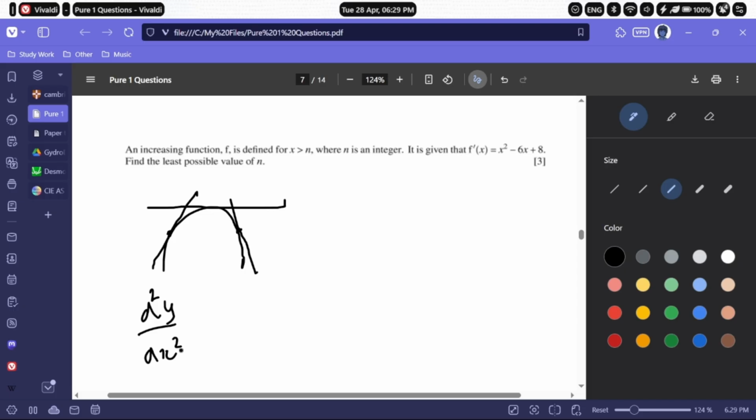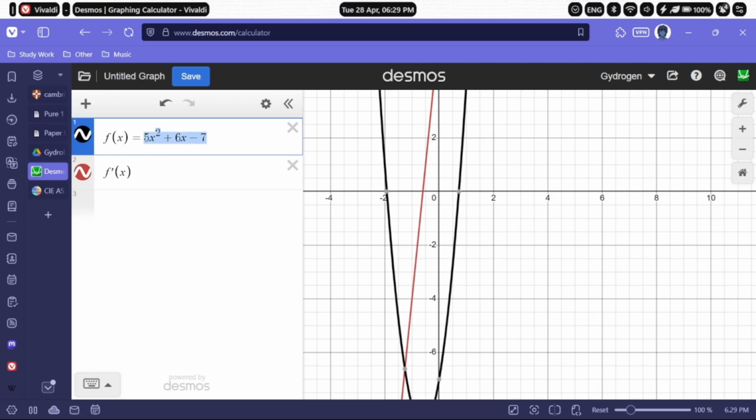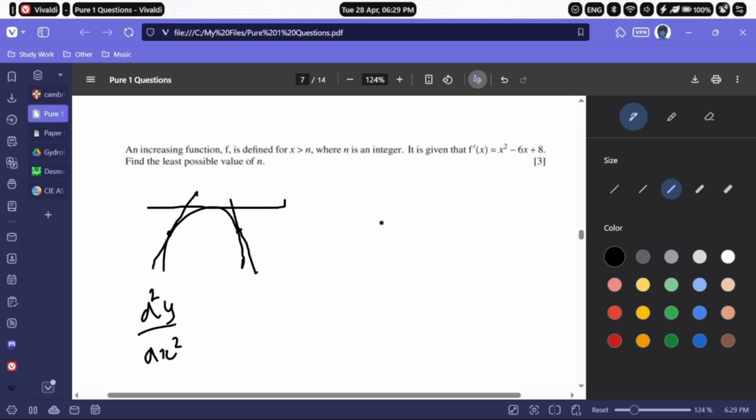It's meant to be U-shaped because I'm not plotting this graph over here. I'm just giving an example about how if you have a maxima, and then I'm going to talk about the minima as well. So in this case, when you have a maxima, your gradient is going from positive to 0 to negative, right? Basically, if you look at dy by dx, it's going from positive to 0 to negative.